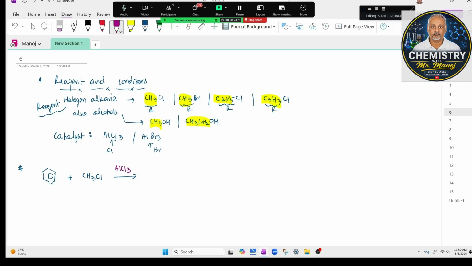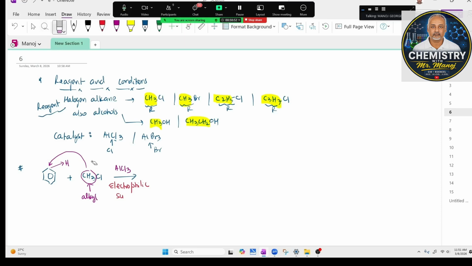Yes, I need to add the alkyl group, correct? That is my alkyl group. Guys, don't forget, I want to add this on the benzene ring. What happens now is this alkyl group comes on the ring, so what goes out is a hydrogen. Don't forget, it's still electrophilic substitution.